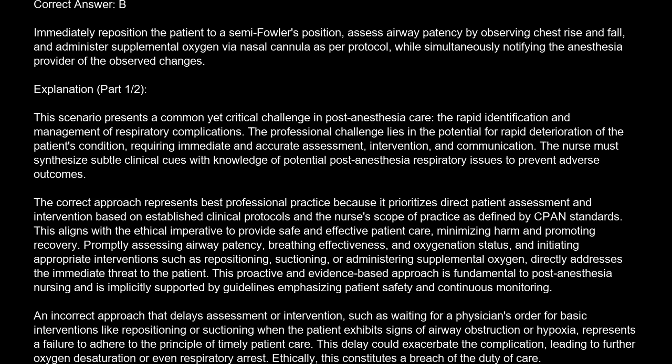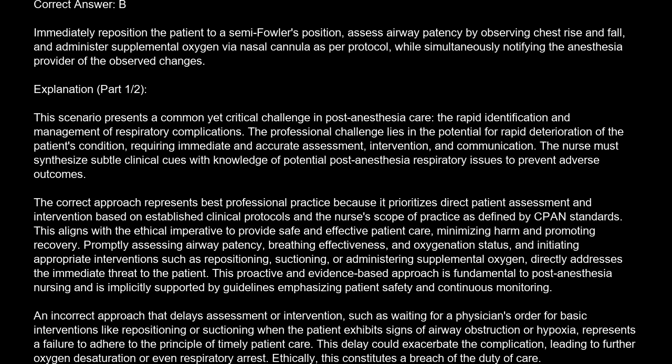The professional challenge lies in the potential for rapid deterioration of the patient's condition, requiring immediate and accurate assessment, intervention, and communication.